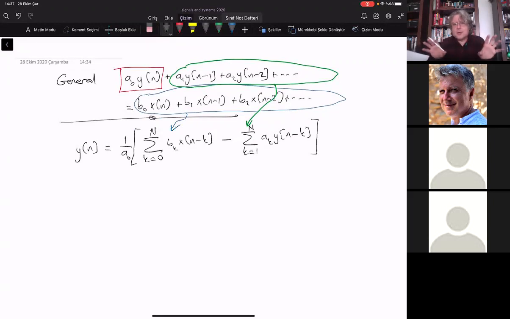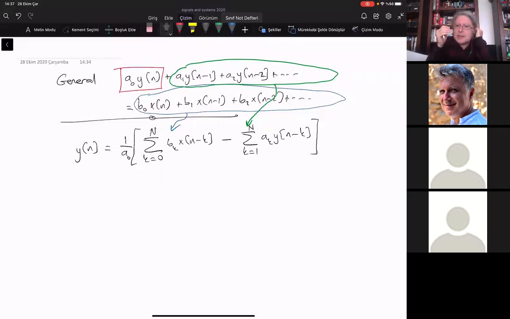This last equation is the general way of writing an ARMA difference equation. But this is still not very general. It's more like the case when their orders are the same. So N is equal to 3 for autoregressive and N is equal to 3 for moving average.